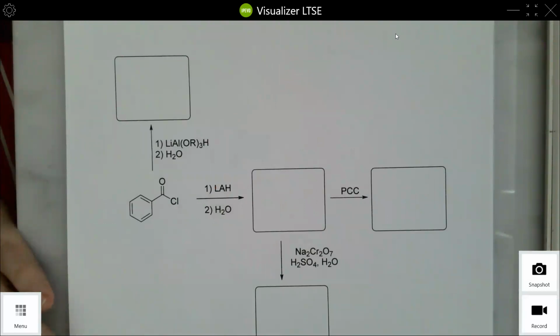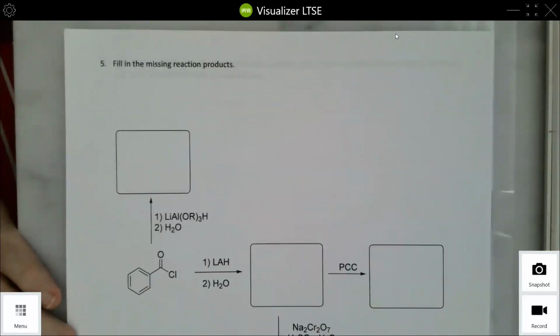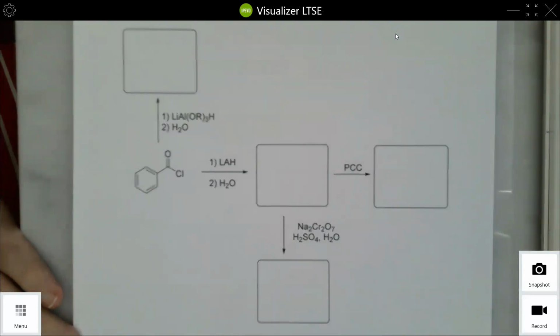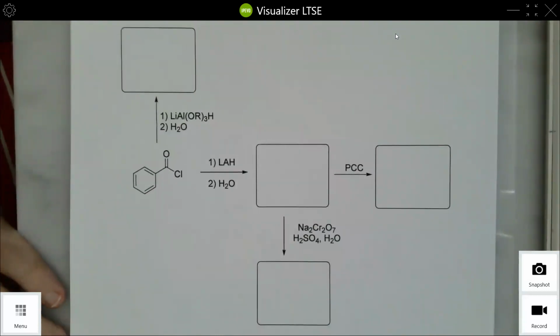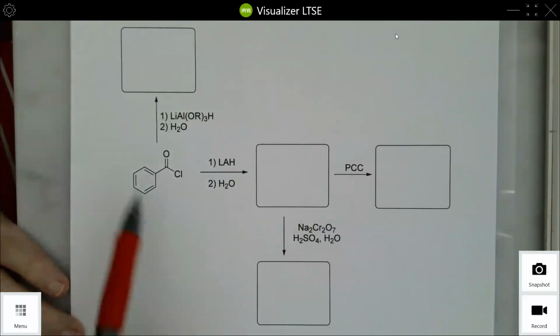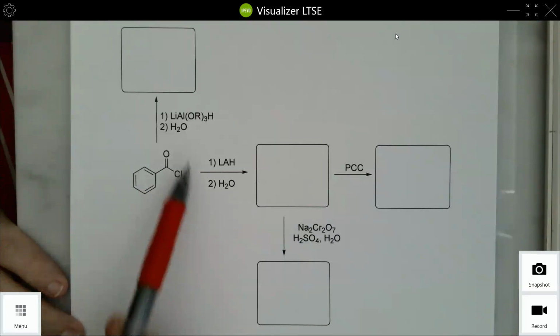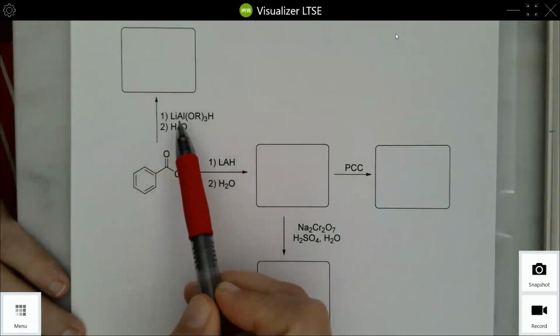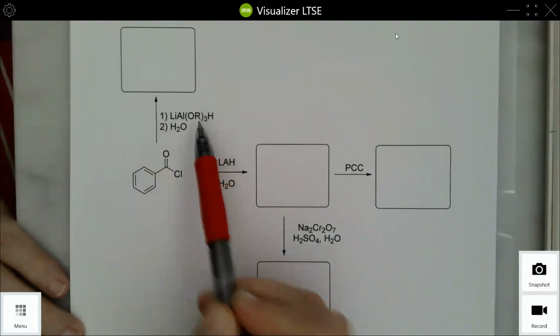All right, next question. Fill in the missing products. In this case, all of the reagents are given to us. We just need to fill in the missing products. So we're starting again from this acid chloride. What happens if we react it with lithium trialkoxy aluminum hydride?